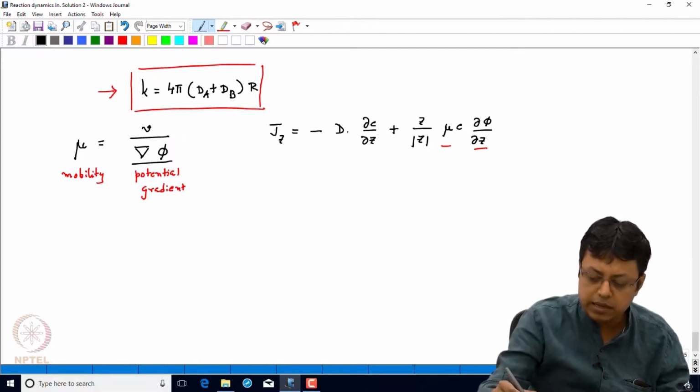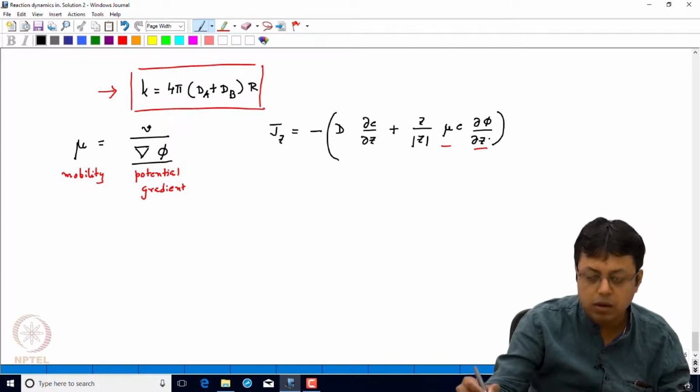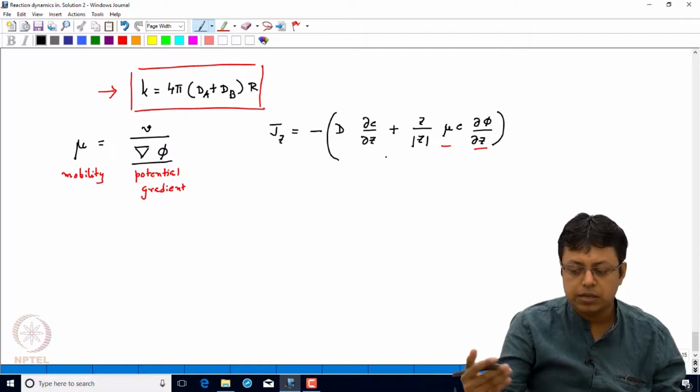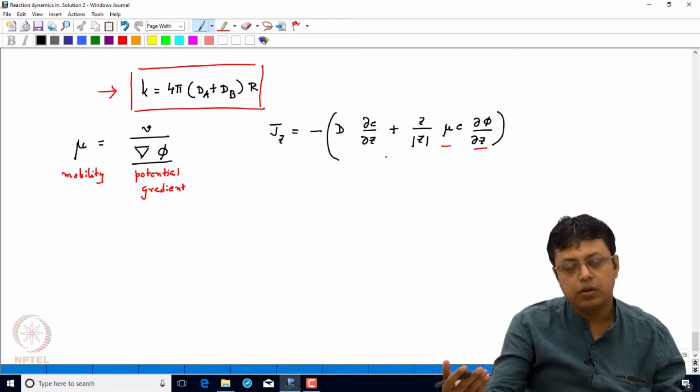So you can take the negative sign outside the bracket, and now this describes the total flux. The first part is purely diffusive, which does not contain any ionic contribution, and the second part is the purely ionic contribution, how the ions are moving against this potential gradient.